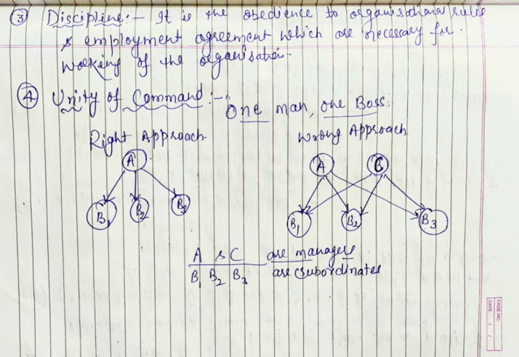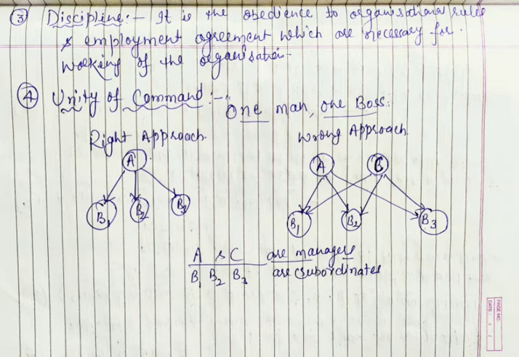In the next diagram, given by the wrong approach, two seniors, that is A and C, are the managers, and B1, B2, B3 are their subordinates. In that picture, manager A is giving instruction to B1 and B2, and C has to give instructions to B2 and B3.